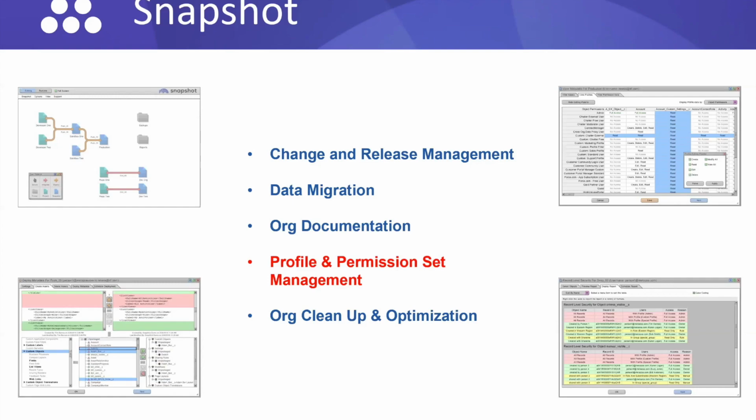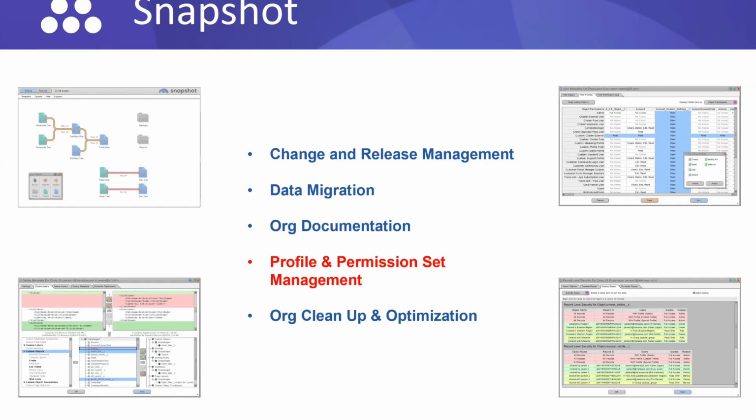We have comprehensive org documentation, data dictionaries, and different ways to document the structure of your org. What we're focusing on today and what we've highlighted here are our suite of profile and permission set management tools. We have, I believe, the most comprehensive set of tools for managing profiles and permission sets built into Snapshot. And we'll get to those in detail today.